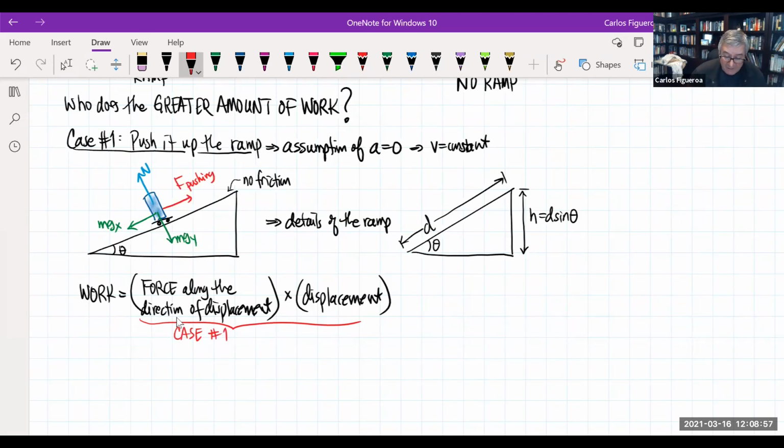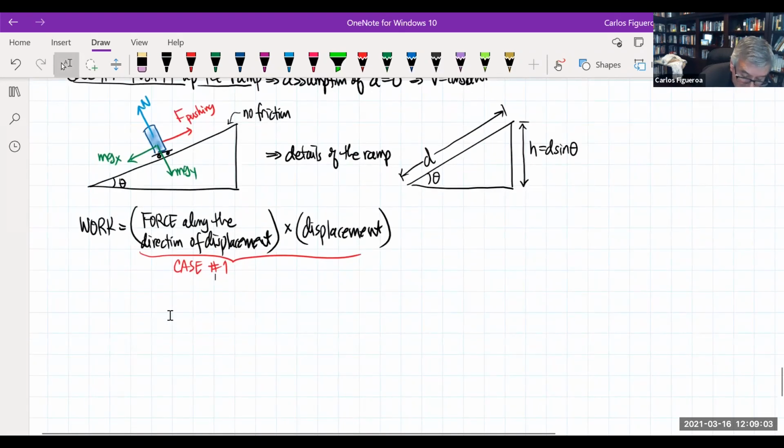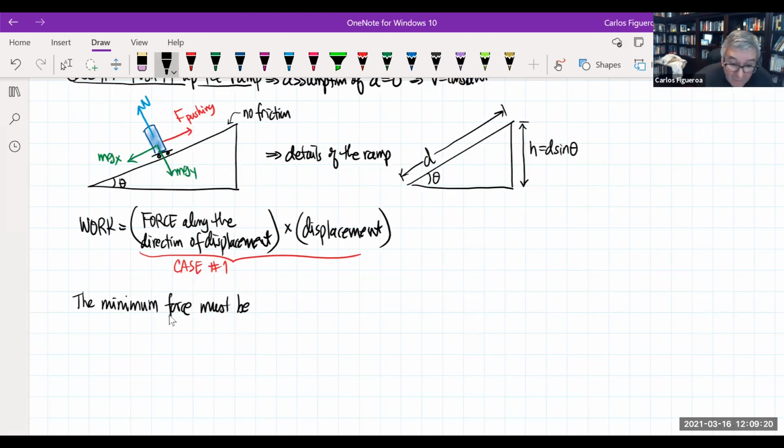And then there's a second case, which is the other case with no ramp that we want to look at. So the question is, what is the minimum force required to push this thing up? The minimum force must be what? Well, the force of the push must counteract the force along the x direction here.